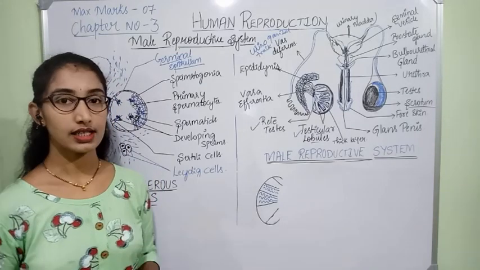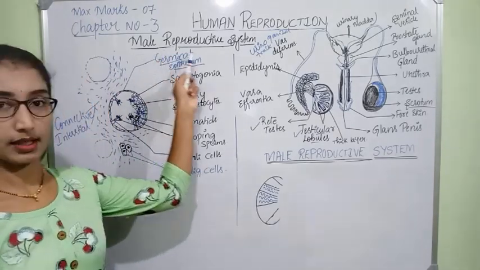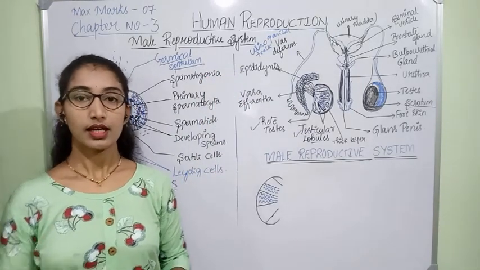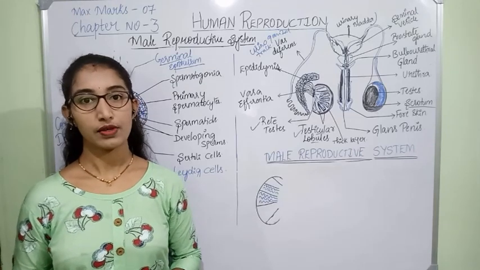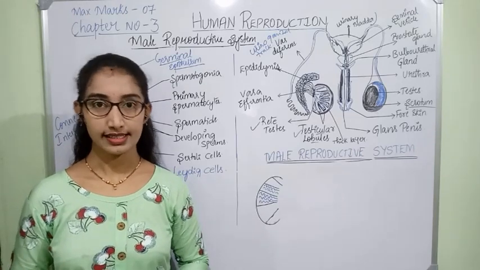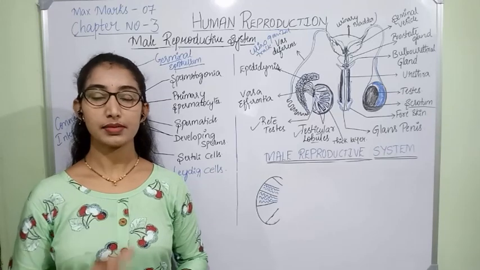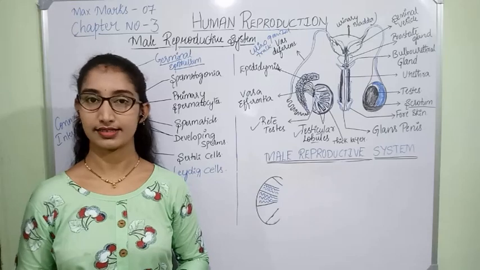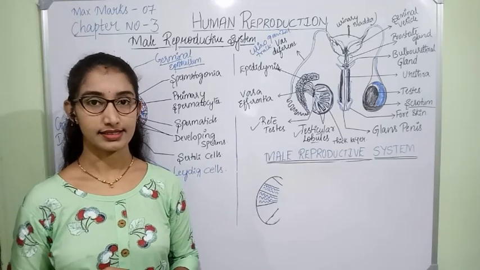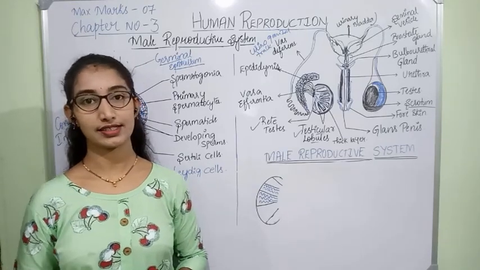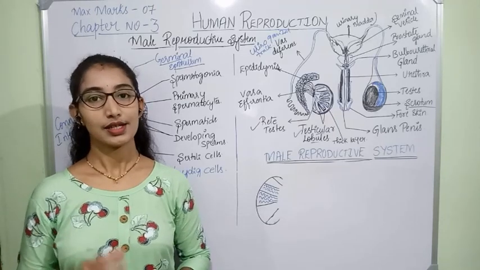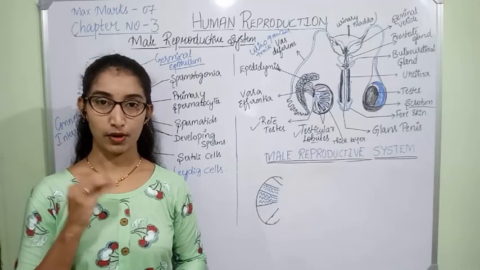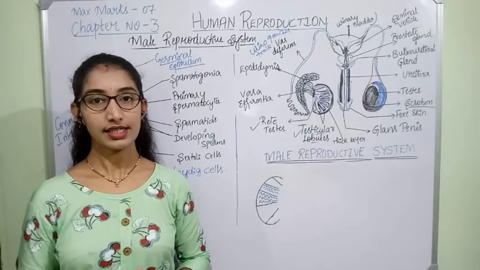In the previous class, we had discussed the male reproductive system. The male reproductive system comprises primary as well as secondary sex organs. The primary male sex organs are a pair of testes, and the secondary organs are the organs which help in the production of sperms within the testis.